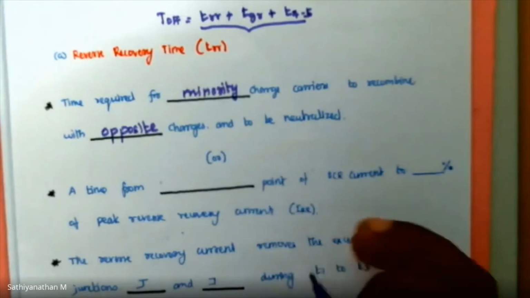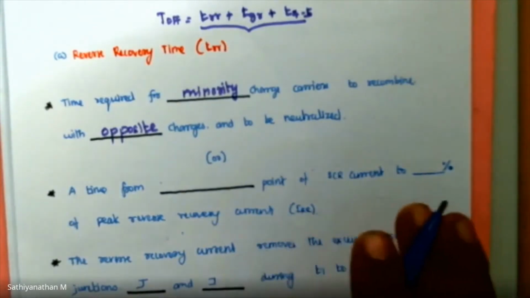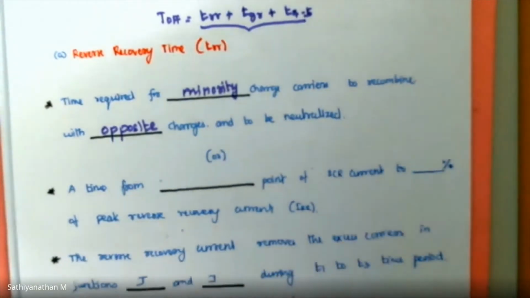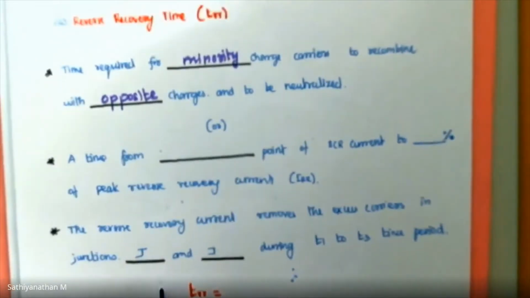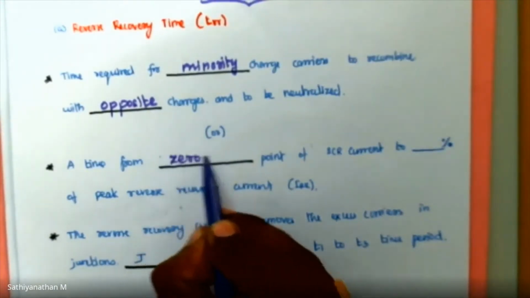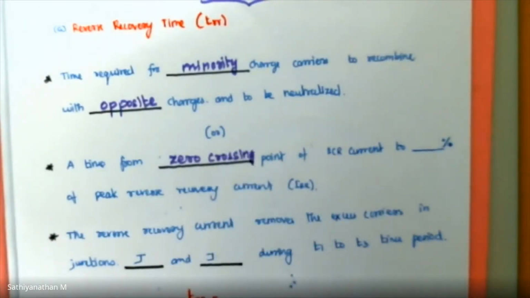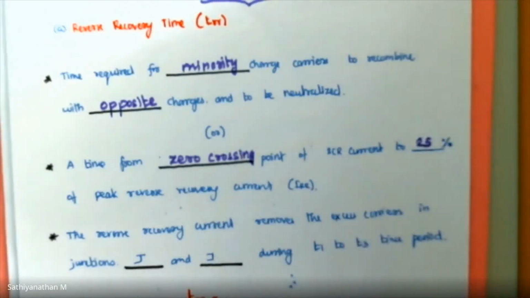So we are providing some time for an SCR to allow the minority charge carriers to recombine with the opposite charges. Otherwise, we can define this reverse recovery time as the time from the zero crossing point of an SCR current to reach 25% of its peak value.